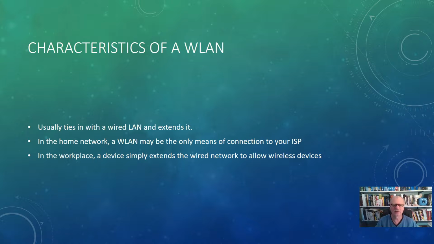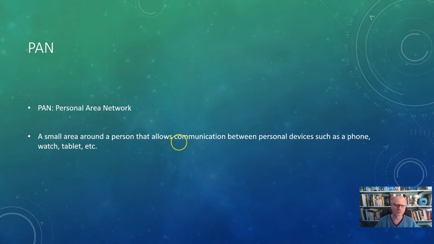So in that case, you're just extending a network. But either way, we often call them a WLAN or a wireless LAN, although realistically, the home network is more a real type of WLAN, where it's the entire network.